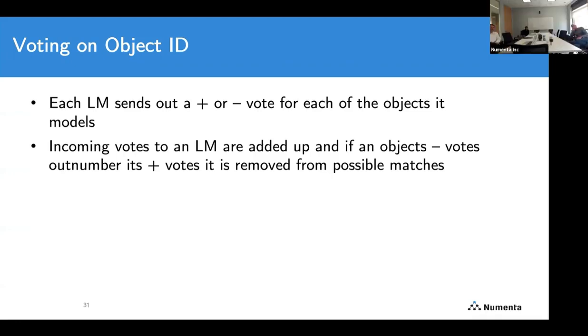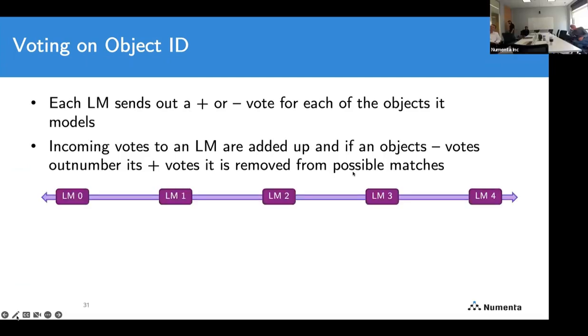So for object ID, each learning module sends out a plus or minus vote for each object it models, each object that it knows about. Incoming votes to a learning module are added up, and if an object's minus votes outnumber its plus votes, it is removed from the possible matches. One issue is that a learning module might completely rule out an object.